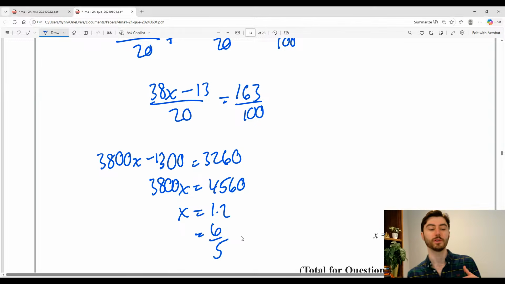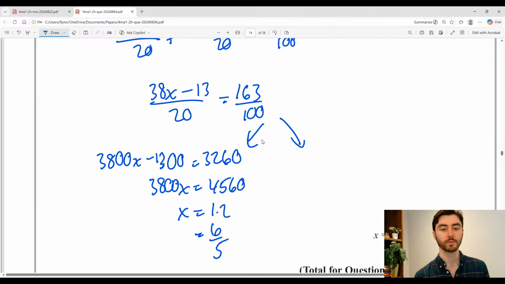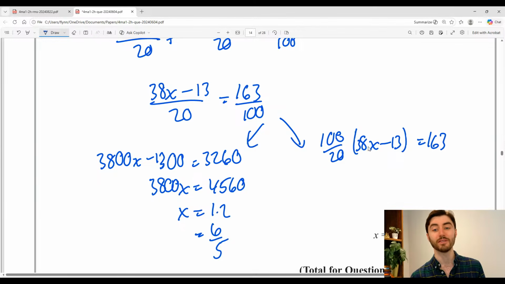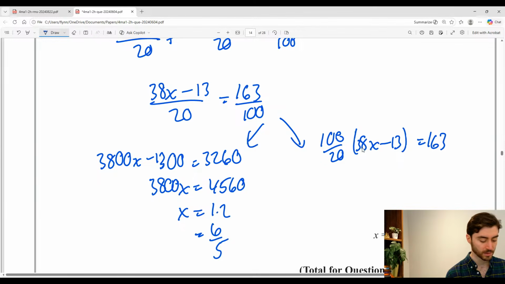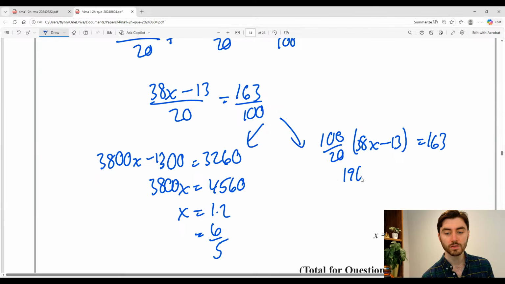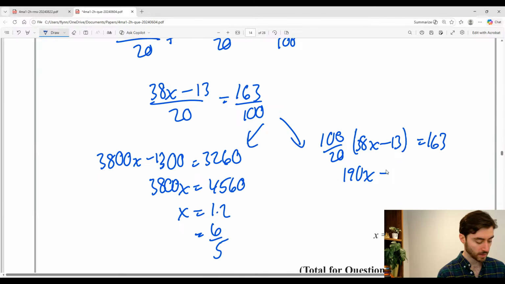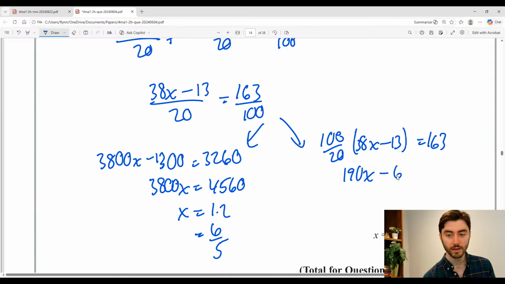Now, my preferred way at this point would be to simply multiply the 100 across. Because if we do that, then you would get 100 over 20 times 38x minus 13 is equal to 163. So it ends up just being 5 times this thing, and you get smaller numbers. So you get straight to 190x minus, and 13 times 5 is 65, equals 163.